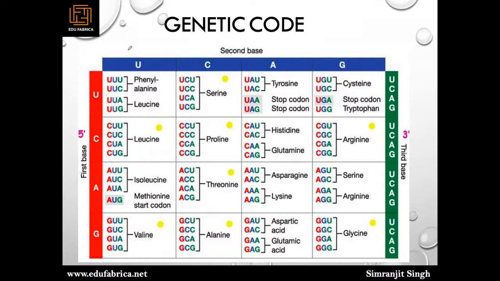And then this is a very important part, the genetic code of a human. In order to draw this, first write down UCAG. Then write down on the second base UCAG, right? And then on the right hand side, on the third base, you write all 4 letters in each box: UCAG, UCAG, UCAG, UCAG.